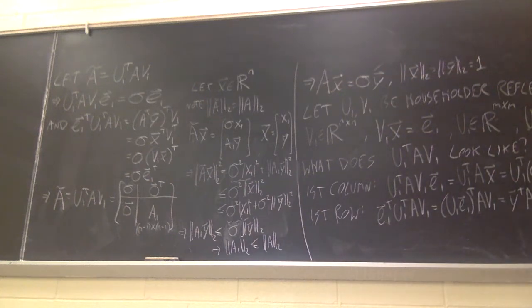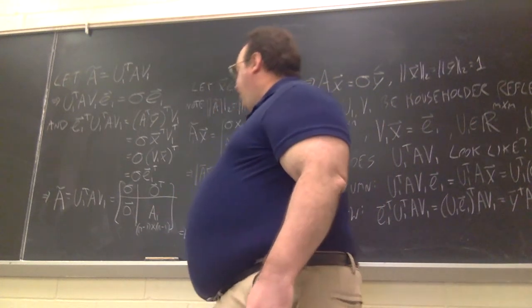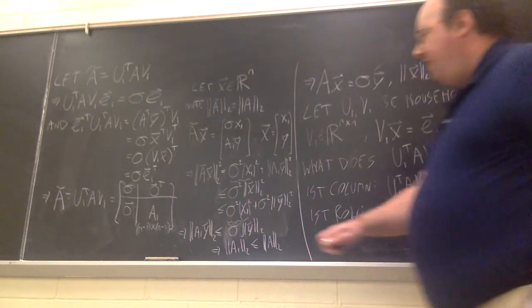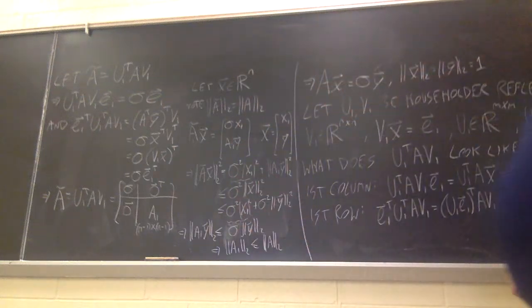All right, so that's what I needed to establish here: if we transform A to wipe out most of the first row and column, and we have this leftover matrix A1 here, the 2 norm of that leftover matrix has to be less than or equal to the 2 norm of the original matrix. Okay.